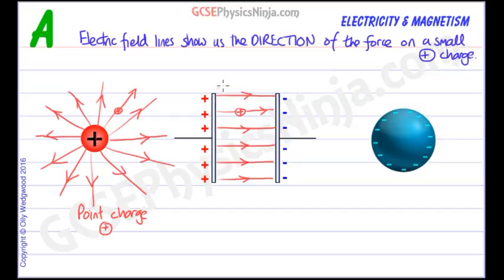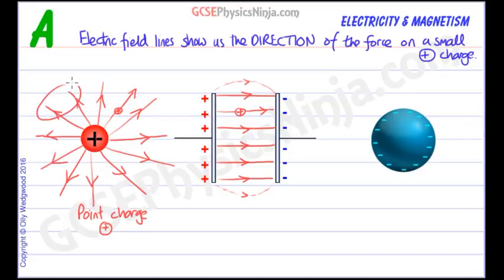Now there are some edge effects which you don't really need to worry about. The field lines kind of do this at the edge, but the most important thing is that in the center we have a uniform electric field. Now, what do I mean by uniform? Well, if the field lines get close together, like here, it means that the electric field gets very strong. The lines are packed more densely together.